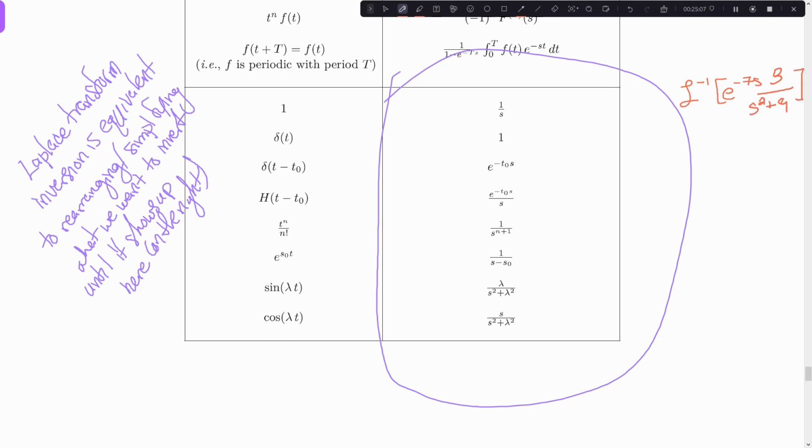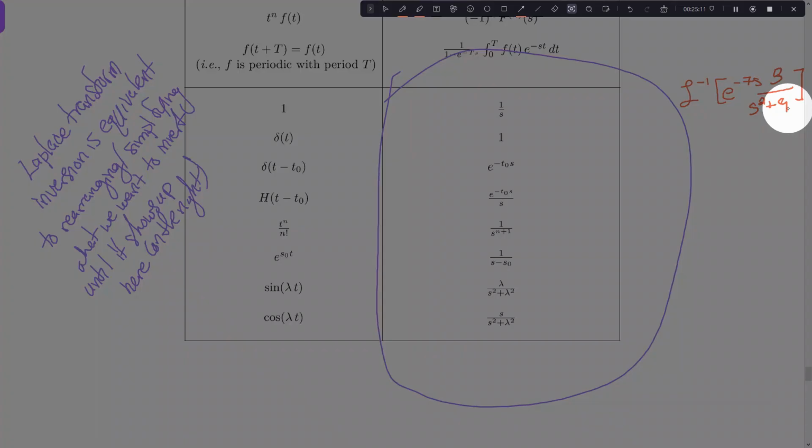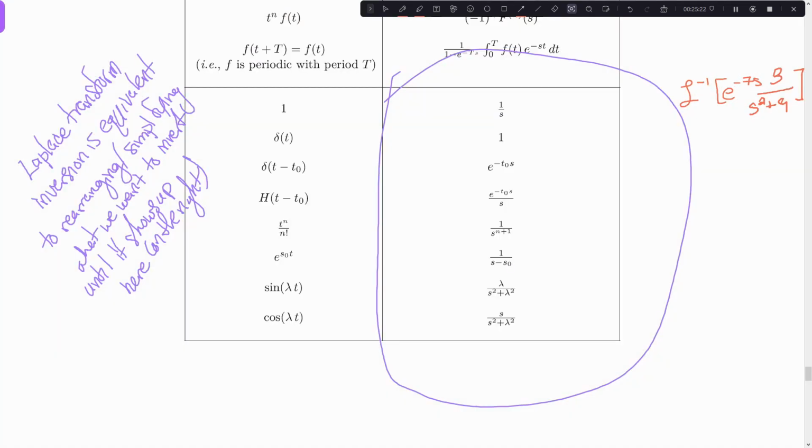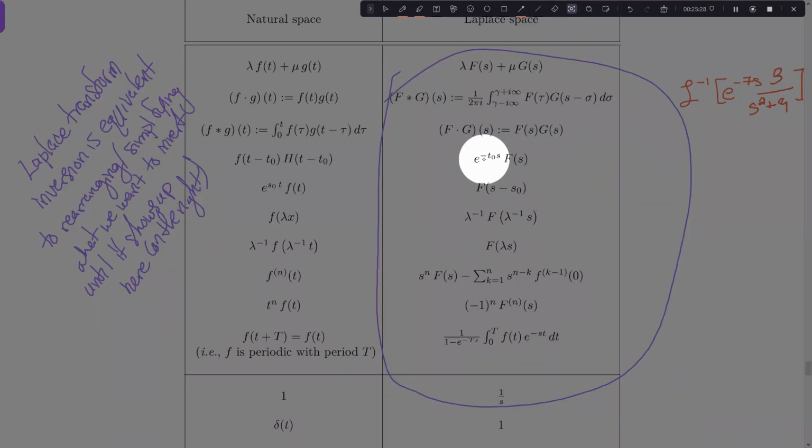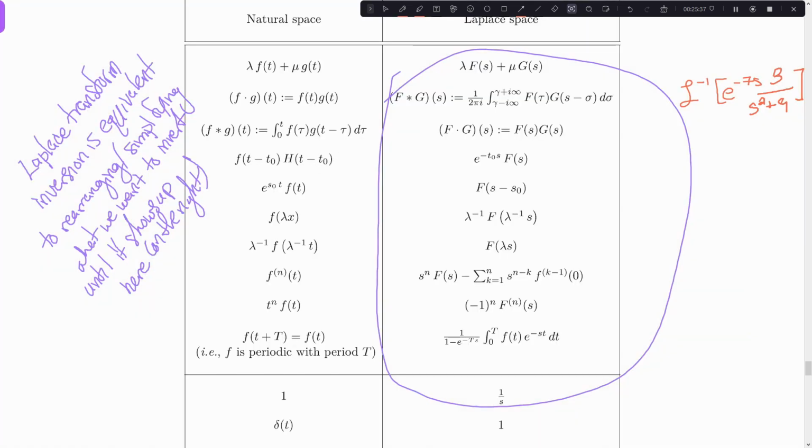Okay, we want to interpret the 9 as 3 squared, and then I have a 3 on top, so I'm looking at this piece, 3 over s squared plus 9, that looks just like sine, but then I somehow have to compensate for multiplying by e to the minus 7s, and if I scroll up, I see that compensating by multiplication by e to the minus something gives me f of t minus that thing, and then this h function, which we'll talk about later. So this would be something like sine of 3 t minus 7 times this h thing, t minus 7.